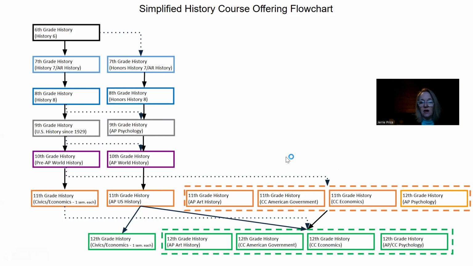We also think a good option for students is to take concurrent credit psychology, like we have indicated down here in the bottom. As you study these pathways, think about the far left as just on grade level, and as you move to the right, different ways to advance your coursework to work towards college credits through AP classes or through concurrent credit classes.